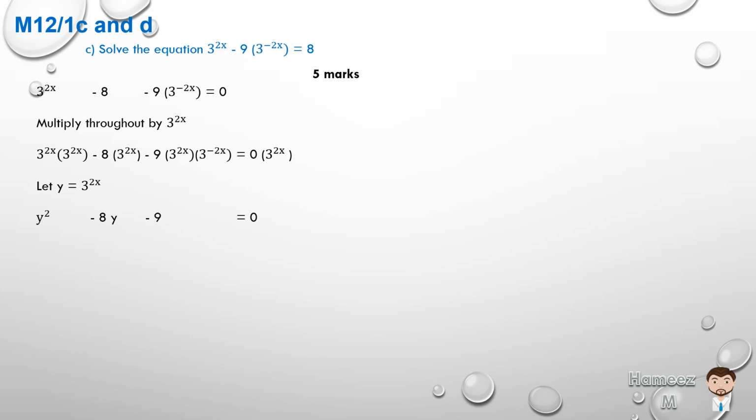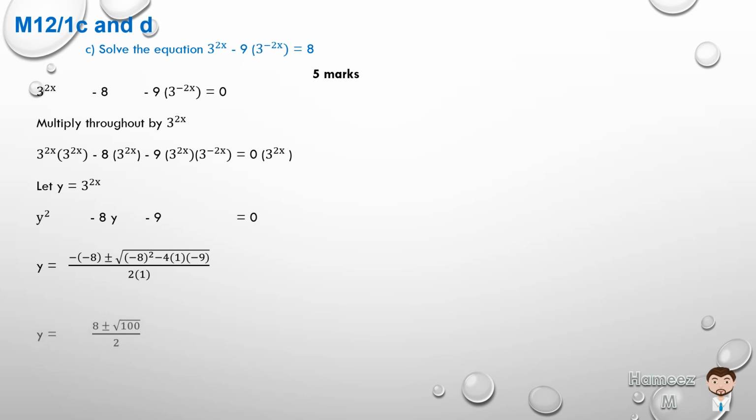Let's use the quadratic formula. a is equal to 1, b is equal to minus 8, and c is equal to minus 9. Substituting into the quadratic formula, minus b plus or minus the square root of the discriminant all over 2a, y is equal to minus minus 8 plus or minus the square root of minus 8 squared minus 4 times 1 times minus 9, all over 2 times 1.